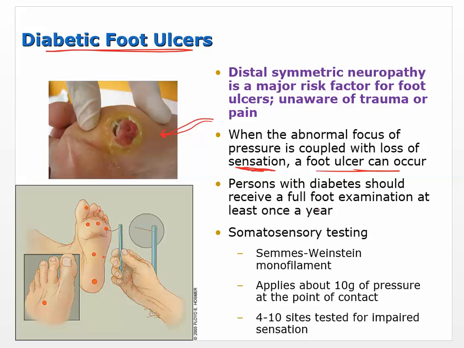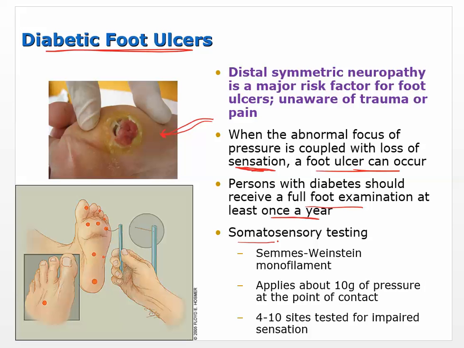And a person with diabetes should receive a full foot examination at least once a year. So it's very common with advanced stages of diabetes to have this develop, and then sometimes if you can't get it under control, then you'll have to have amputations.